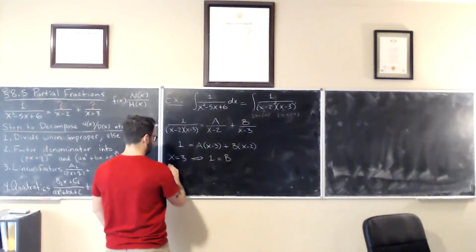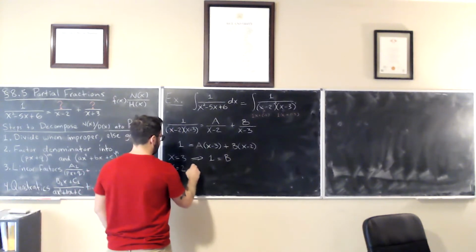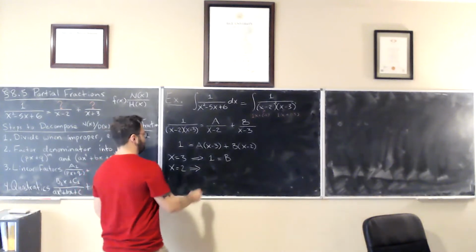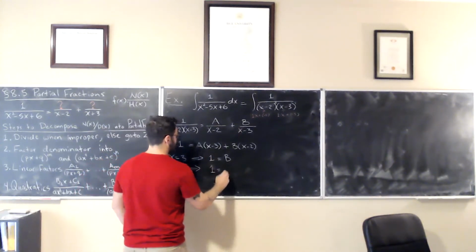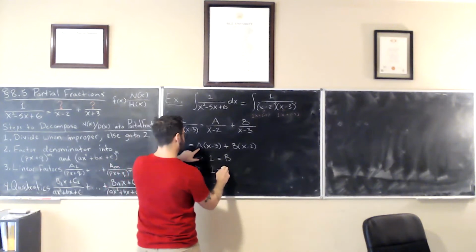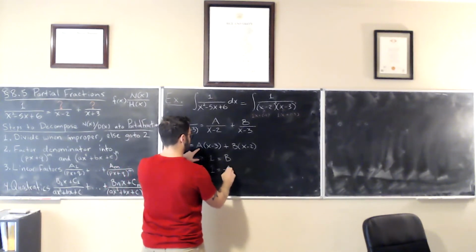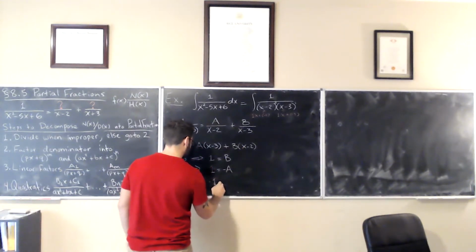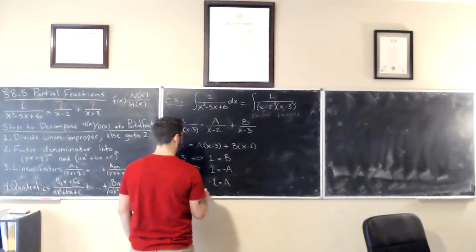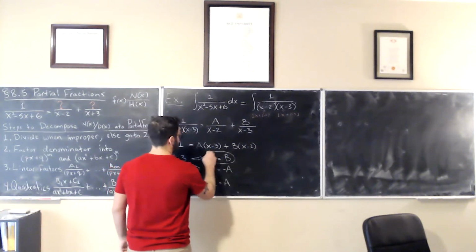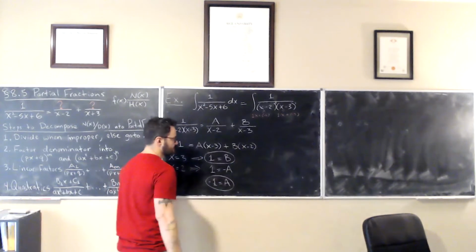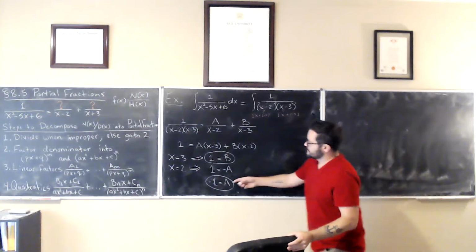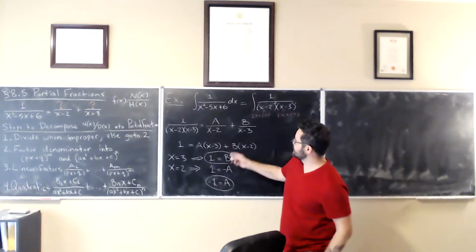And then if I pick x to be 2, we'll have 1 is equal to negative a, and that's 0, so that means that negative 1 is equal to a. Okay, so we found these variables, and we know that we can put a right there, and b right there.